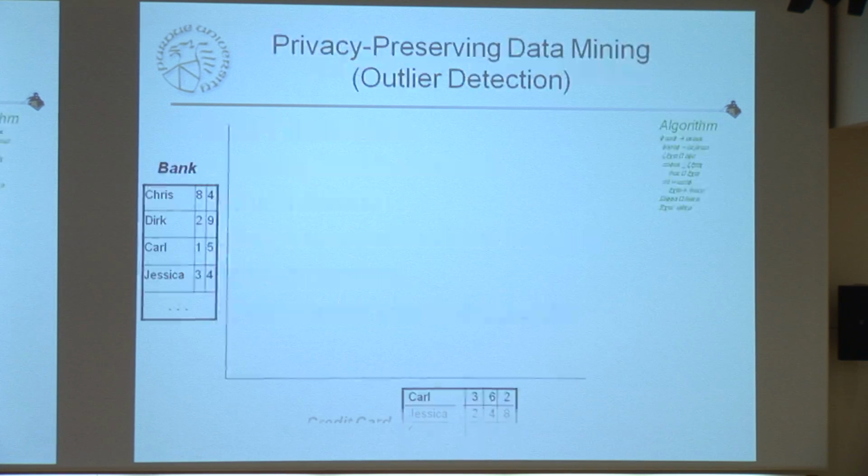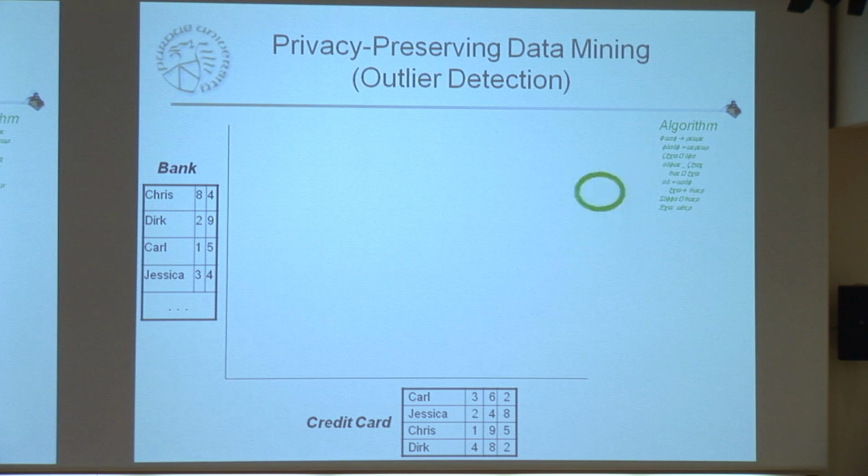So I'm going to go through a quick example of some of these. Let's assume we have an outlier detection problem, and we're going to assume that we have two types of data.